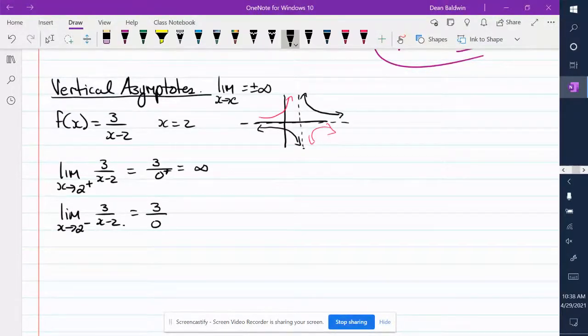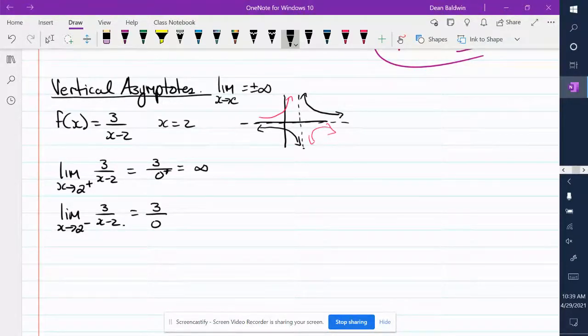If you do it on the other side, to negative, we know it's going to be 3 over 0, but we're coming at 2 from numbers that are smaller than it. So you could say 1.5. No. 2 from the negative side. Remember, one-sided limit notation. All right.